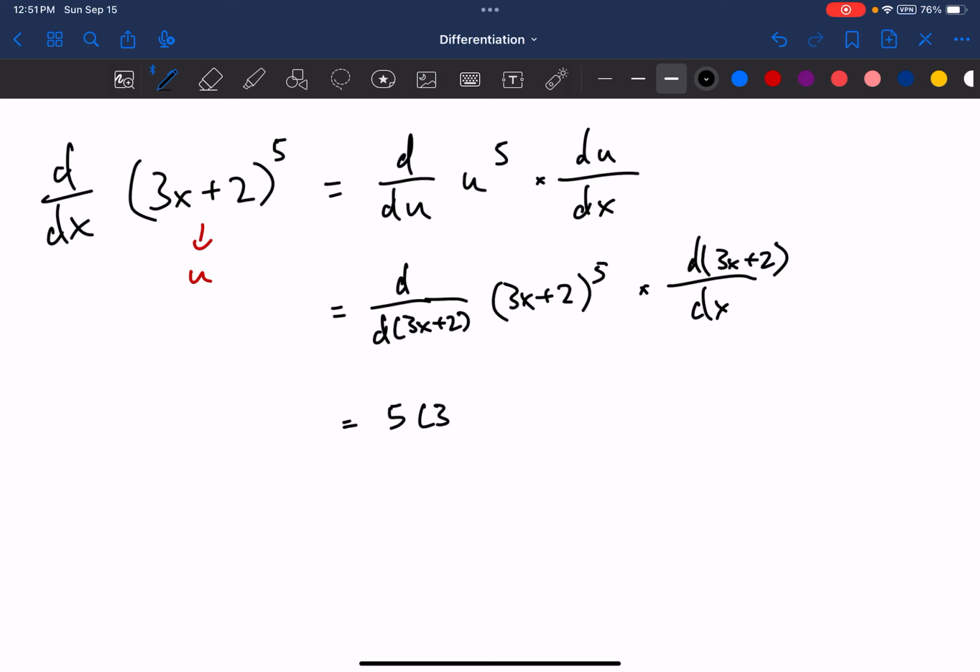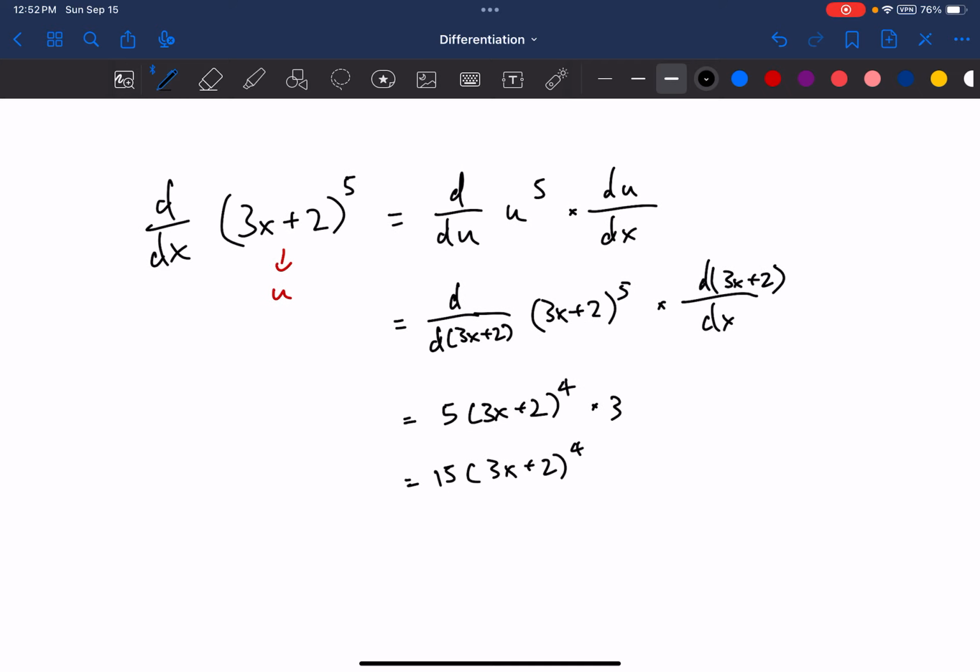So this, take the 5 down, is 3x plus 2, and this 5 minus 1, which is 4. And then I differentiate the back, and the constant turns into 0, and then it's just the slope, so this will be times 3. And then the answer would be 15, and then times 3x plus 2 to the 4th power.